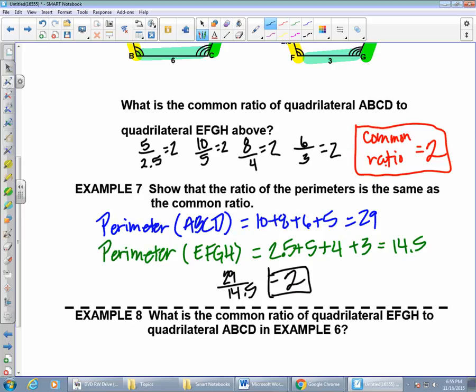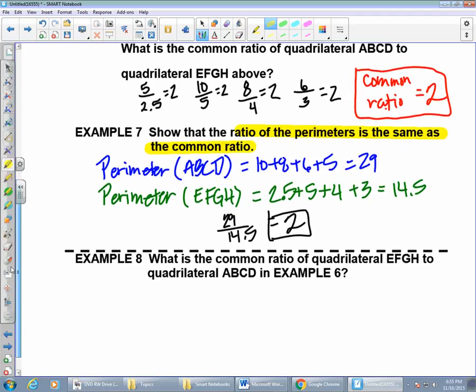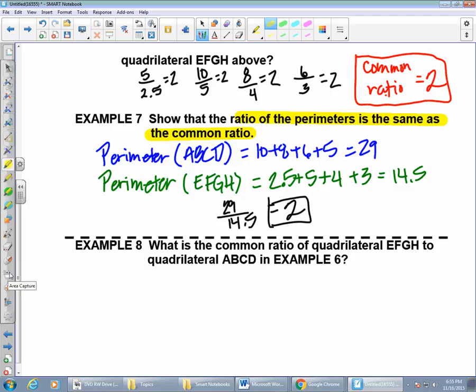What we learn here, and you might want to highlight this, is that the ratio of the perimeters is the same as the common ratio. That's always true. Now, what is the common ratio of quadrilateral EFGH to quadrilateral ABCD in example 6? All we do is flip these fractions upside down.